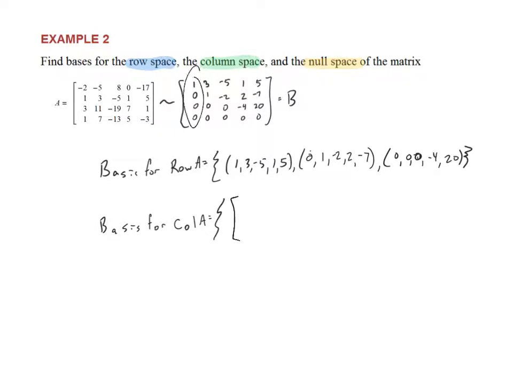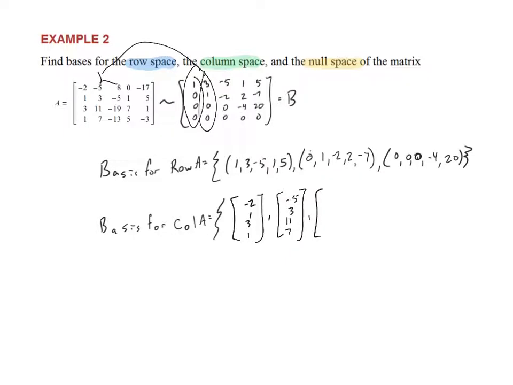there we go. This first pivot column defines the first vector in my column space, but I'm going to go back to the original matrix A. So the first column in my original matrix A, -2, 1, 3, 1, is the first vector in the column space. And then my next pivot is in column 2, but again, I go back to column 2 of matrix A, -5, 3, 11, 7.